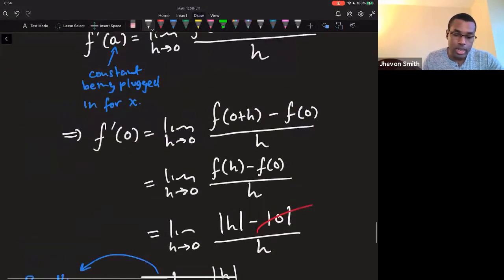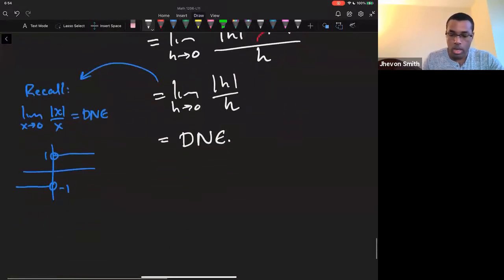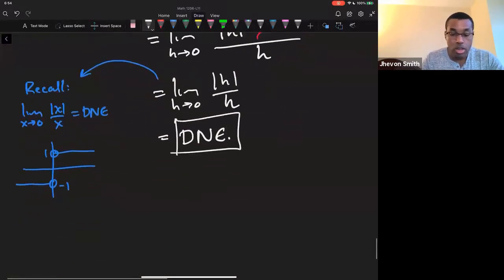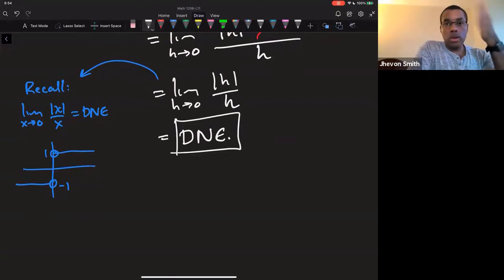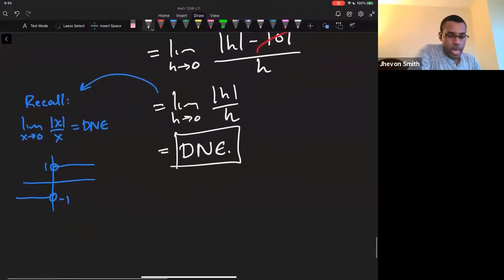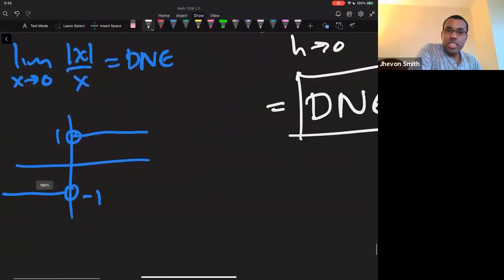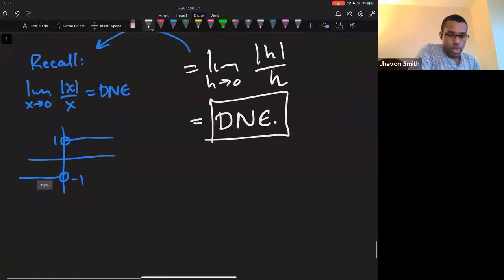It turns out that this derivative does not exist at this point. It exists at other points. So if I plugged in any point that was greater than 0, the answer would be 1. If I plugged in any point that was less than 0, the answer would be negative 1. But at 0 specifically, it doesn't exist because the derivative is essentially behaving like this function that is discontinuous at 0.